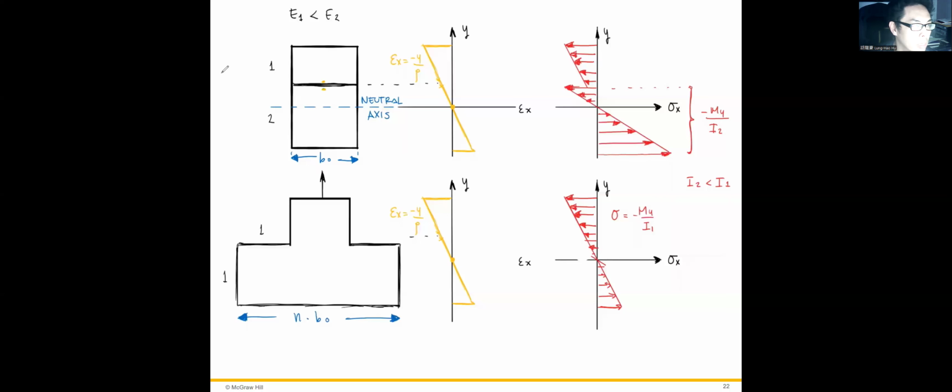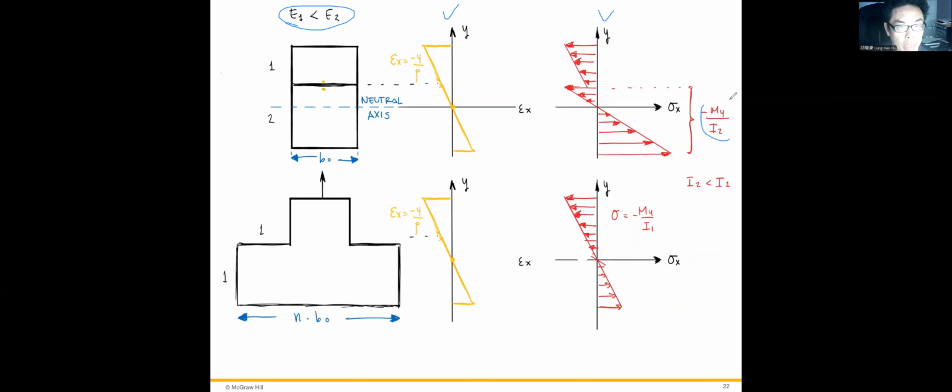Okay, so that's where we already described that for these two materials bonded together, we get the strain distribution versus y and the stress distribution versus y, right?